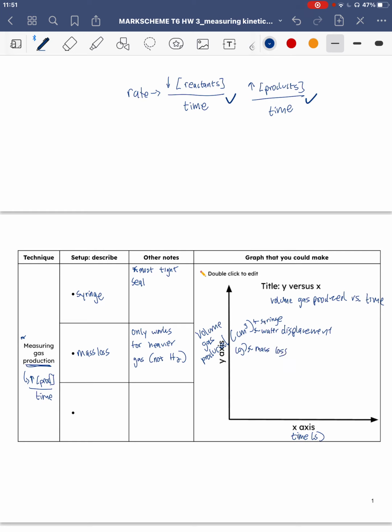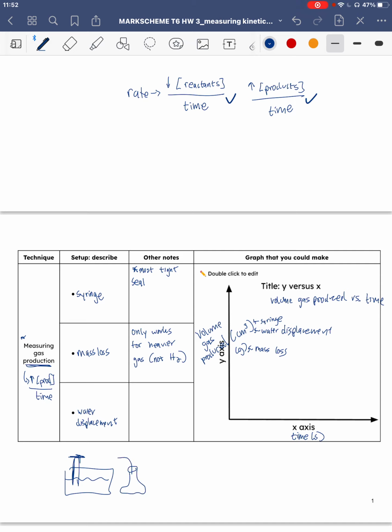All right, so I've already hinted water displacement. That's where you have a tube filled with water. You invert a graduated cylinder, also filled with water. You have your reaction happening in an Erlenmeyer flask.